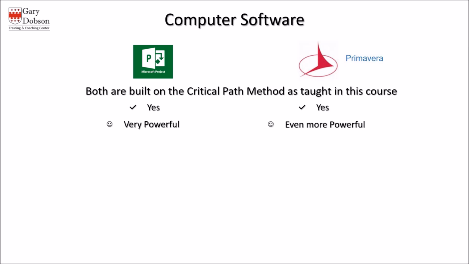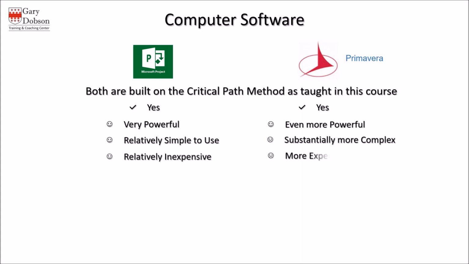Microsoft Project is extremely powerful, while Primavera is even more powerful. Because of that, Microsoft Project is a little simpler to use, while Primavera is substantially more complex. Microsoft Project is relatively inexpensive, while Primavera is slightly more expensive.